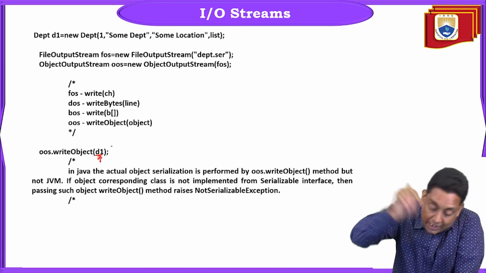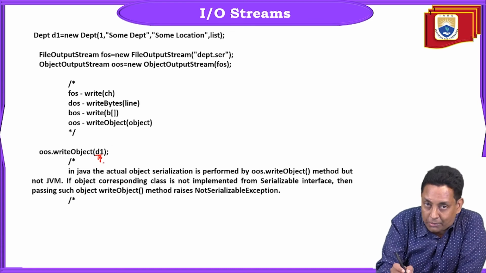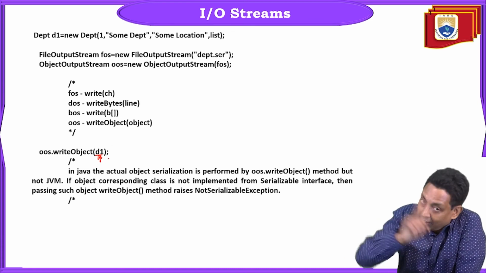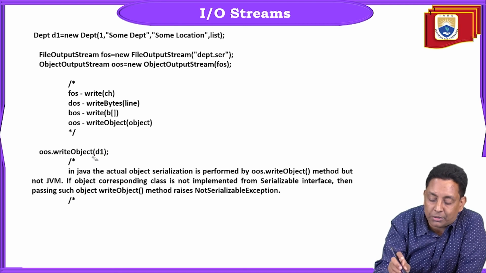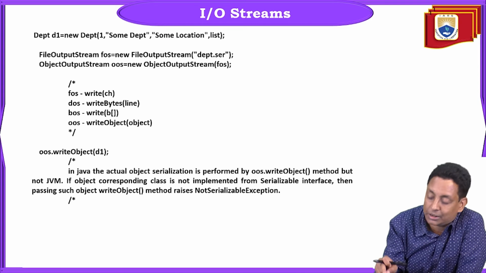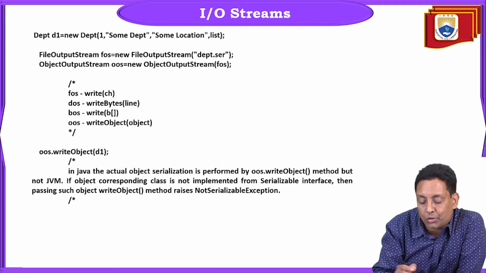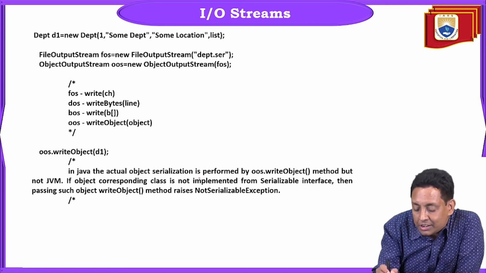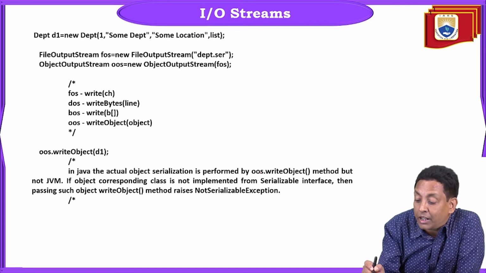If this class contains any other class objects, like the department class contains employee objects, that employee class also must implement Serializable. Otherwise, NotSerializableException will be thrown.